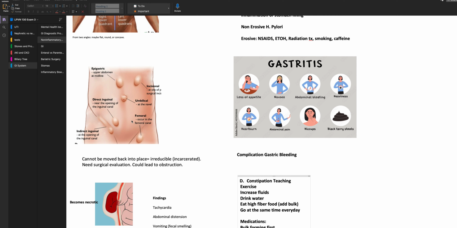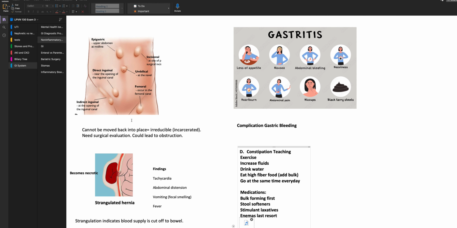We don't really worry about reducible hernias, okay? We worry when hernias cannot be put back into place. We call that irreducible, or incarcerated. Your patient will need surgical evaluation because this could lead to obstruction, so the provider is going to want to operate sooner versus later.